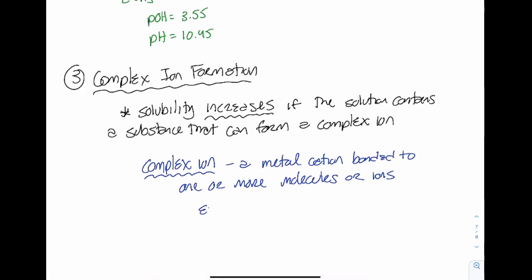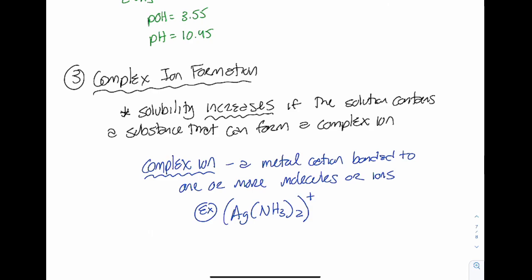So an example, if I was to take silver ion, so silver with a +1 charge, I can actually bond it to 2 ammonia molecules. Since silver has a +1 charge and ammonia doesn't have a charge, this entire thing has a +1 charge. So it would be considered a complex ion. I have a metal ion bonded to 1 or more molecules. Because it has a net charge, it is an ion.